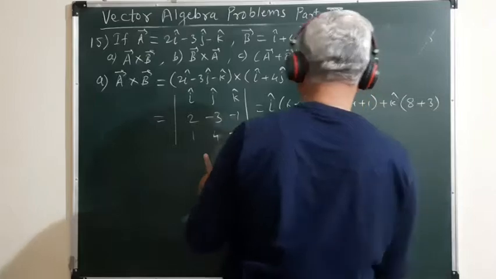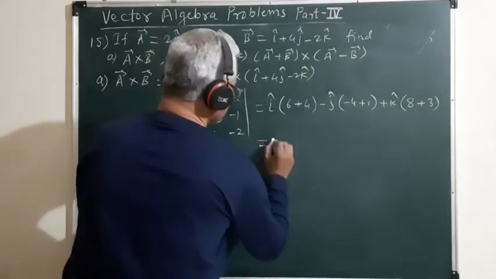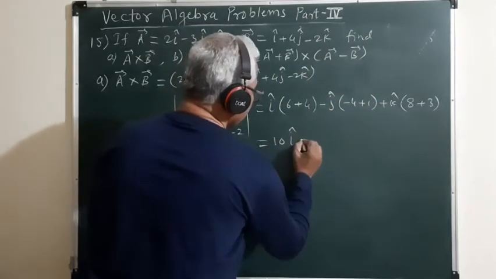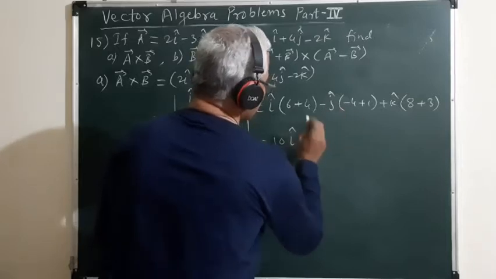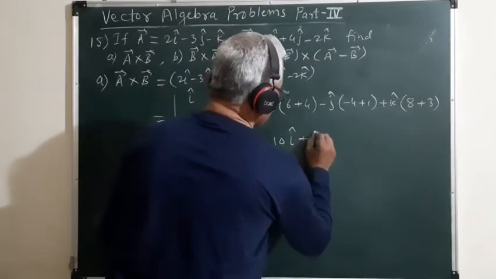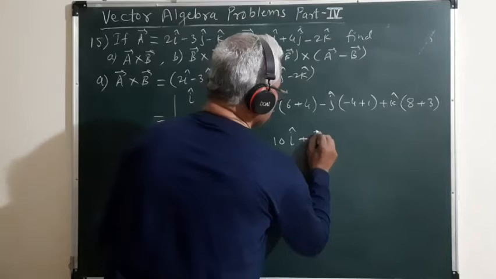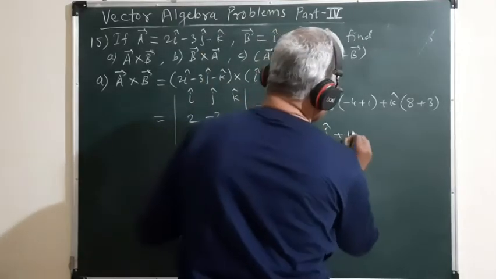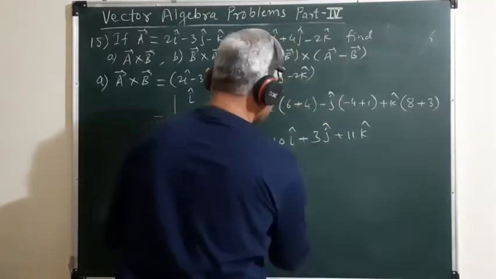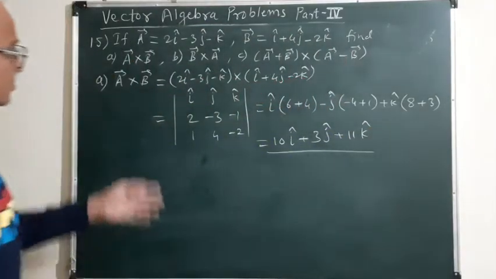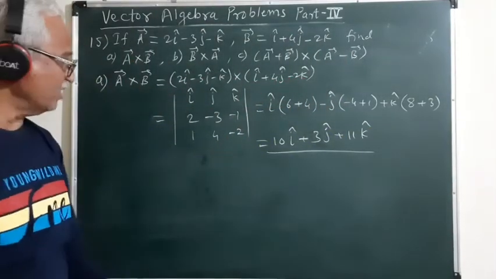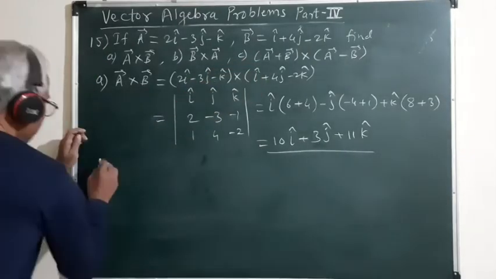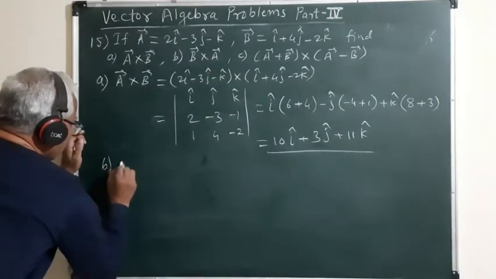So this is equal to 10 i cap, minus minus will become plus, 3 j cap, plus 11 k cap. So this is the cross product a bar cross b bar. So let us evaluate b bar cross a bar.